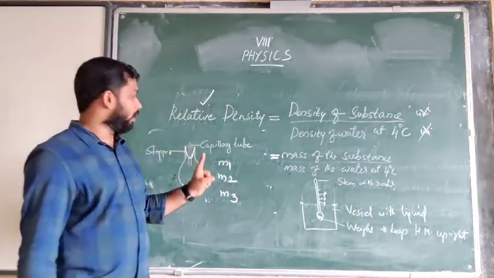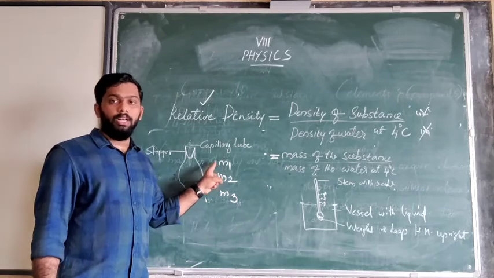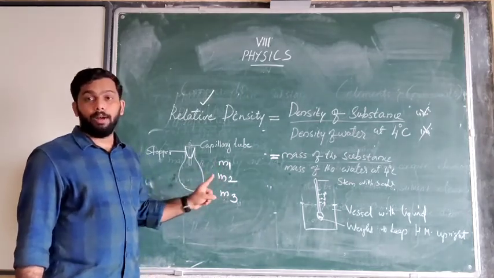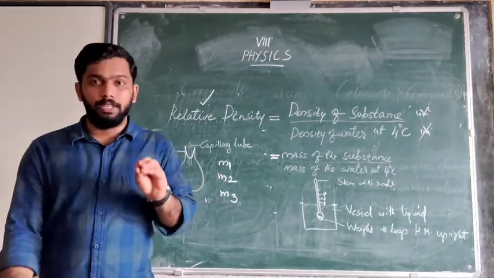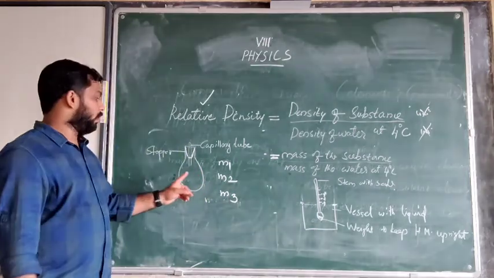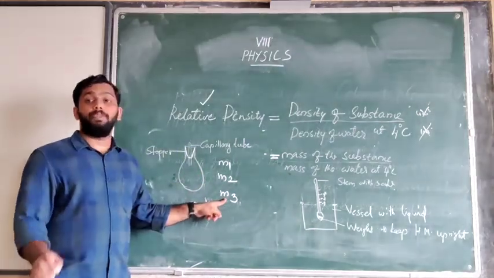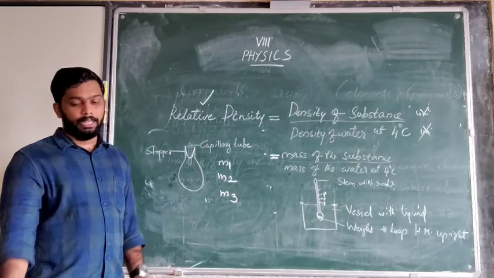So in this experiment, we have to take only three sets of readings. One is M1, the mass of the empty density bottle. Second is M2, the mass of the bottle plus the distilled water. Third is M3, the mass of the bottle plus the given liquid.